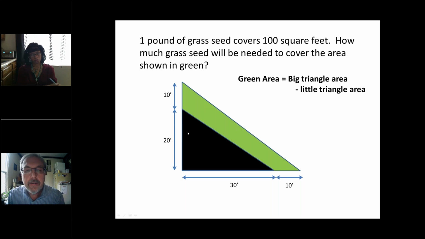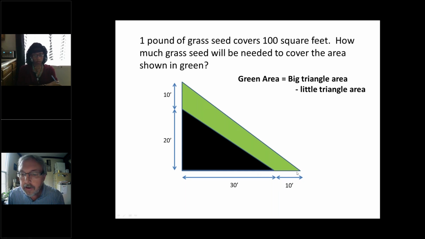Or another way to think of it is, let's say this was a big piece of paper and it was a triangle shape. And so we started with a triangle shape, and we knew what the area was because we knew that the length along here is 40. It's 30 plus 10.